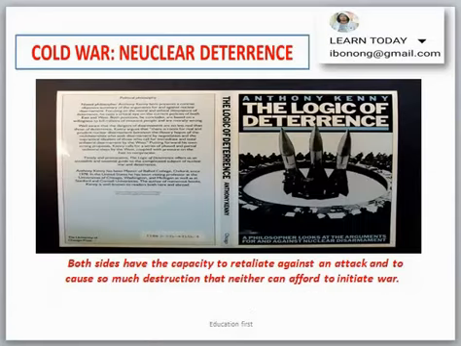Both superpowers, the USA and the USSR, had nuclear weapons and the ability to inflict massive destruction on the other. This forced both superpowers and the countries allied with them to act rationally. They were rational and responsible as they realized the risks involved in a direct war.